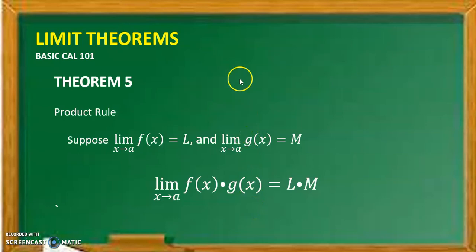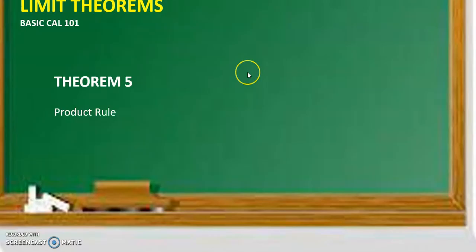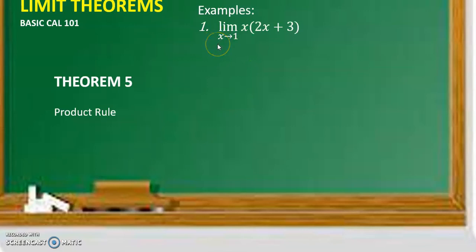So, para mas maintindihan pa natin maigi, bigay tayo ng halimbawa. Halimbawa, the limit of x times the quantity 2x plus 3 when x approaches 1. Kung mapapansin ninyo, ginagamitan na natin ito ng mga pinag-aralan nating mga theorem.